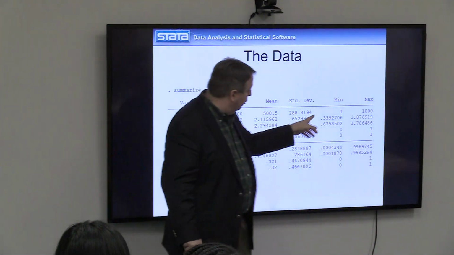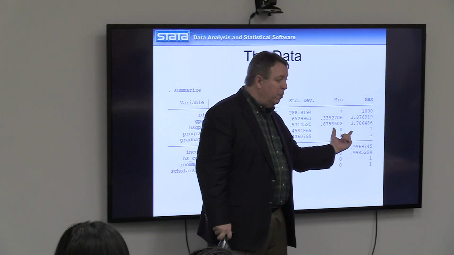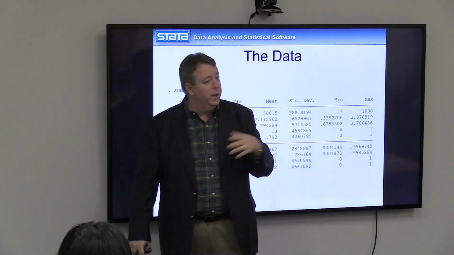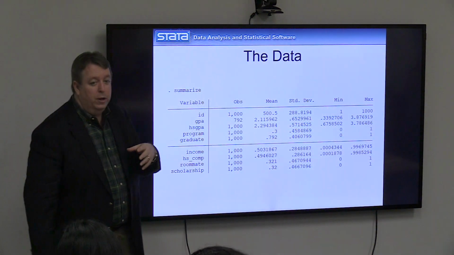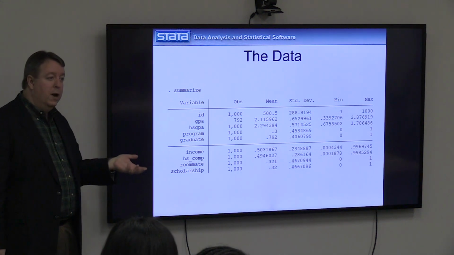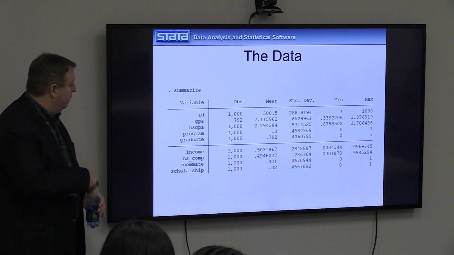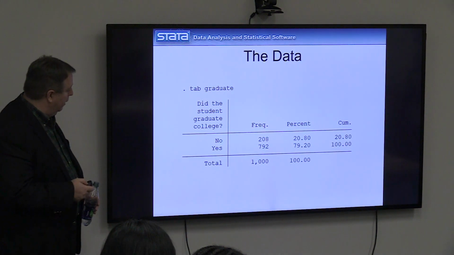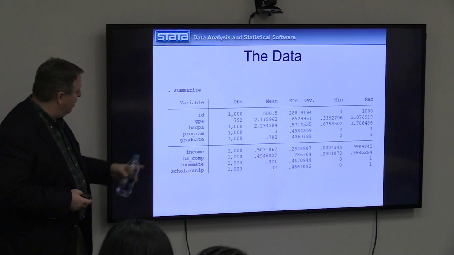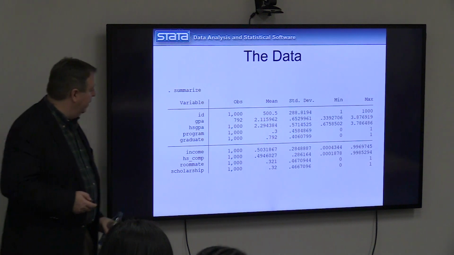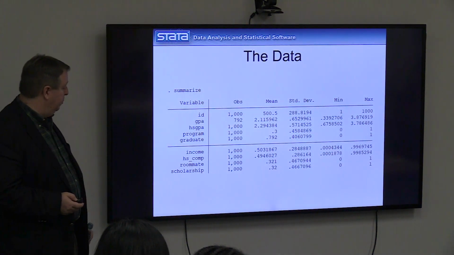Normally, I would also look down the min and the max column here just to double check and make sure that things are within reasonable ranges. I don't have any 370-year-old people or people who weigh negative 99 pounds or kilograms. But these are fake data, so I know they're all fine. Okay, so the first thing I'm curious about is this 792. I only have 792 observations for GPA.